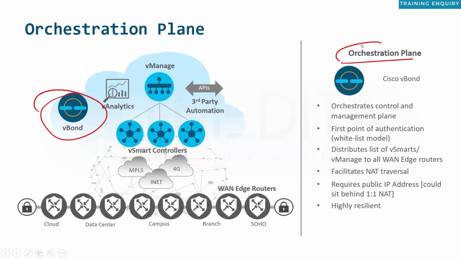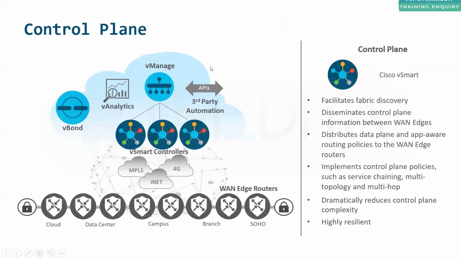And you can simply compare this orchestration plane to Naukri.com here in India, or maybe LinkedIn. Sarah asks: what about the communication protocol between vManage and the vSmart controllers? NETCONF. As I told you, NETCONF is the protocol utilized by vManage to talk to each and every other component in this architecture.